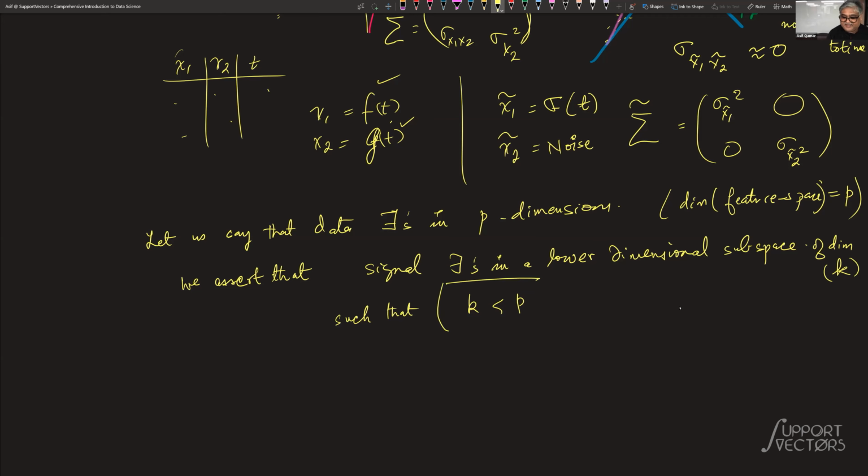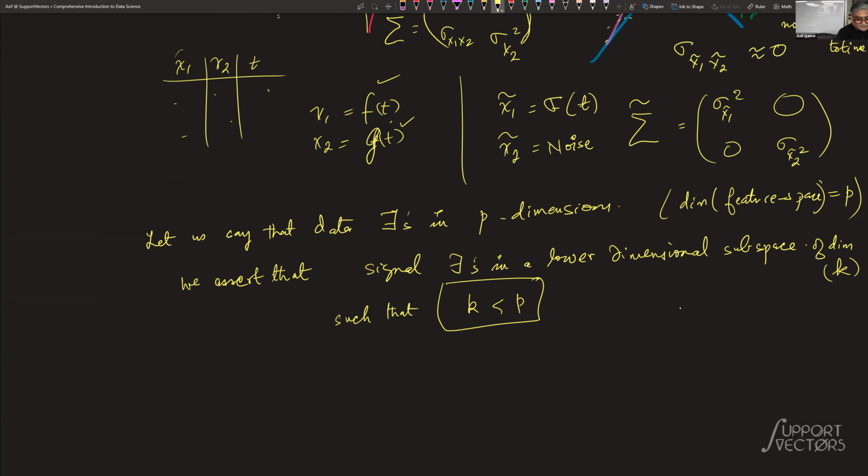That is our basic assumption. Now, when you assert something like that, it may or may not be true. The data may not exist in a lower dimension. But you have to assert it and then try it out. Remember, in modeling, we make a hypothesis, then we see whether that hypothesis was true, because you just got the data. The question, therefore, is what is the right value of k? What is the lower dimension?